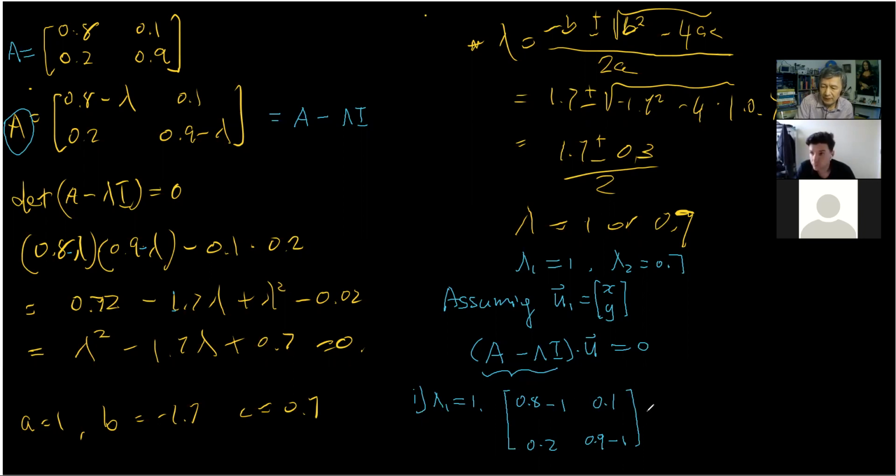Can we just simplify that? So that would be negative 0.2, negative 0.1, 0.2 remains the same, and negative 0.1.